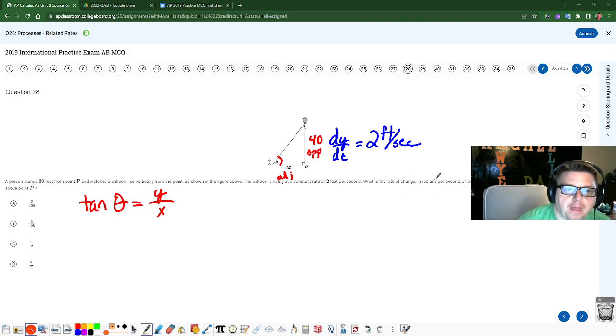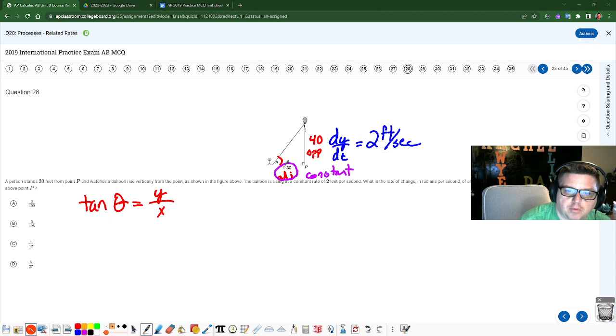All right. But before we get started, what do we know about the person to point P? It's 30. Is it always 30? And the answer is yes. This is always 30. This is a constant in our problem.